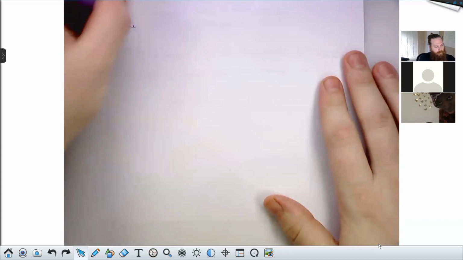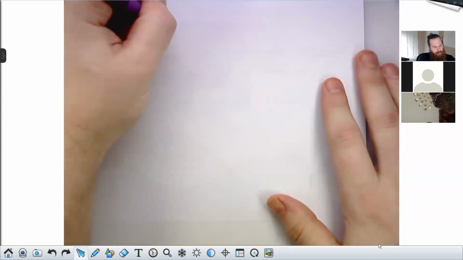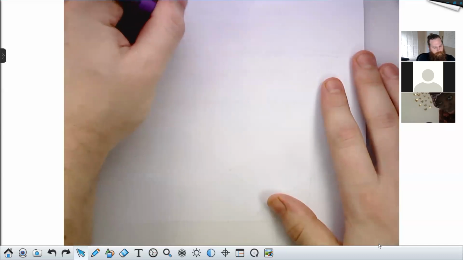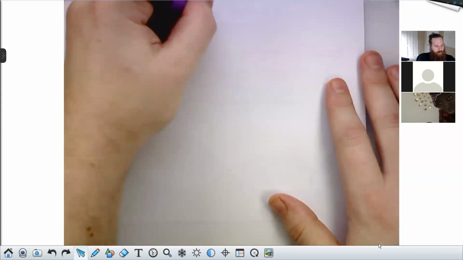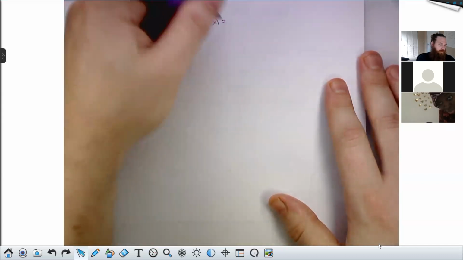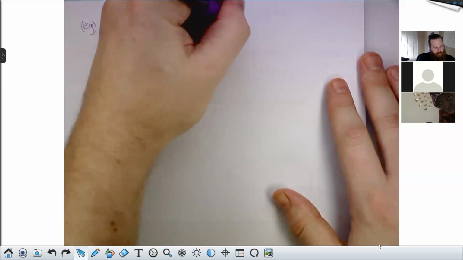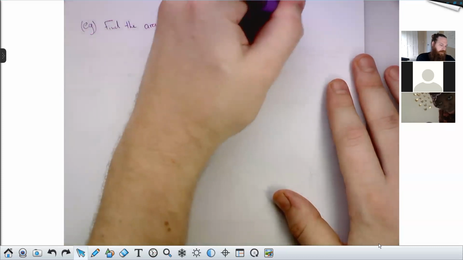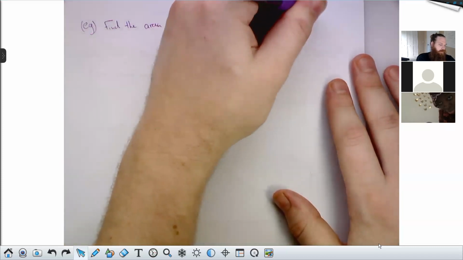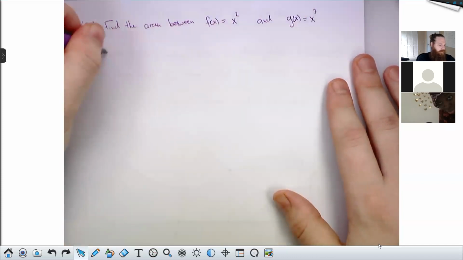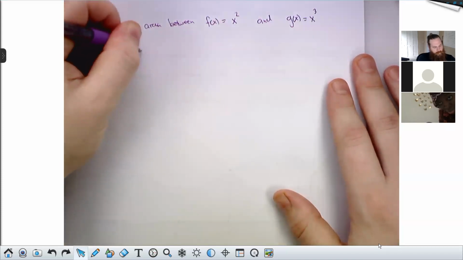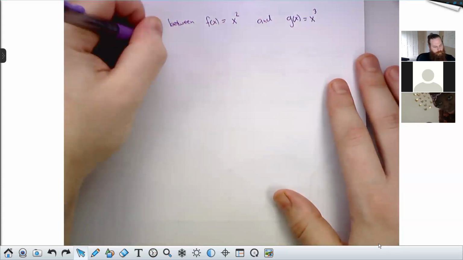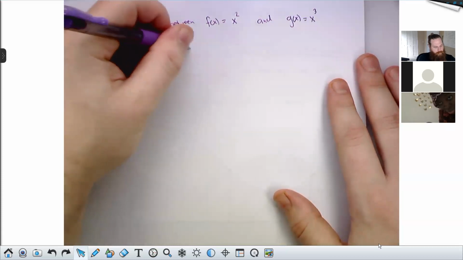Find the area between f of x equals x squared and g of x equals x cubed from x equals 0 to x equals 1.